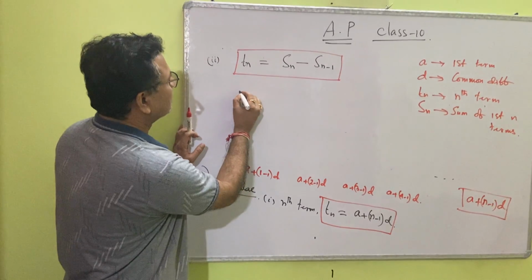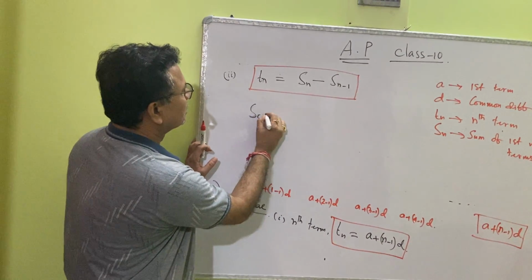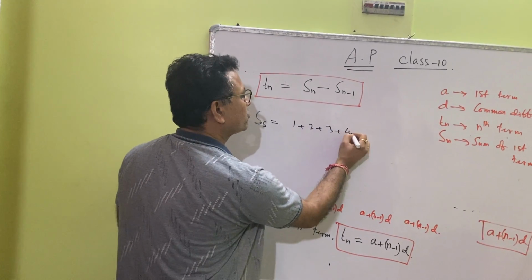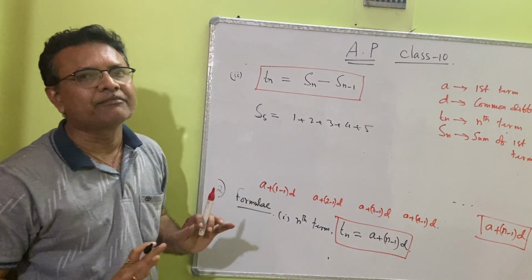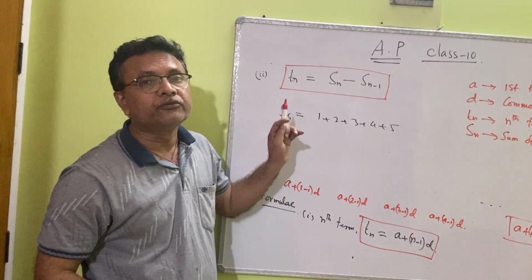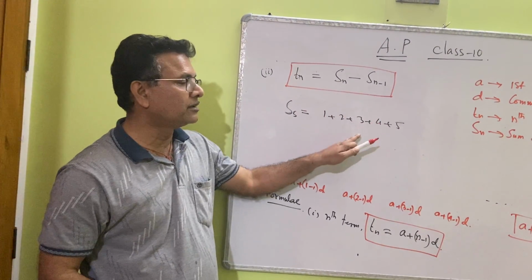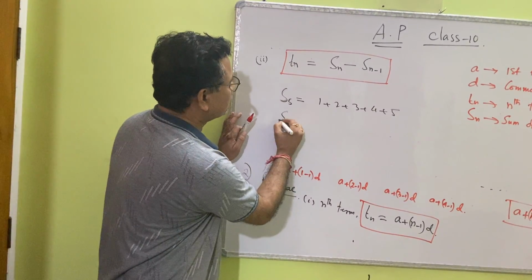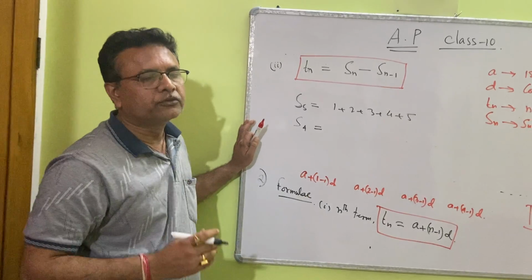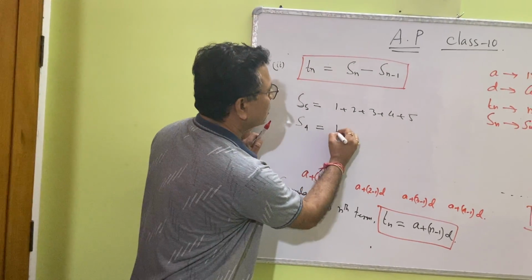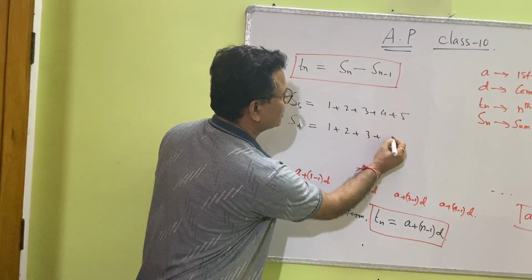Suppose I have S5. I'm just giving one example so that you can understand better. S5 means sum of first 5 natural numbers: 1 plus 2 plus 3 plus 4 plus 5. And S4 means sum of first 4 natural numbers: 1 plus 2 plus 3 plus 4.